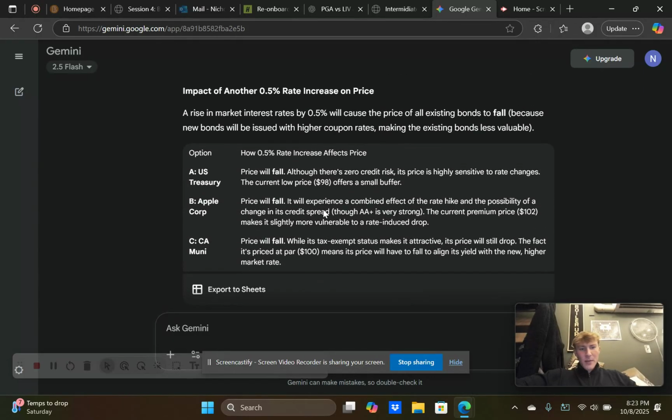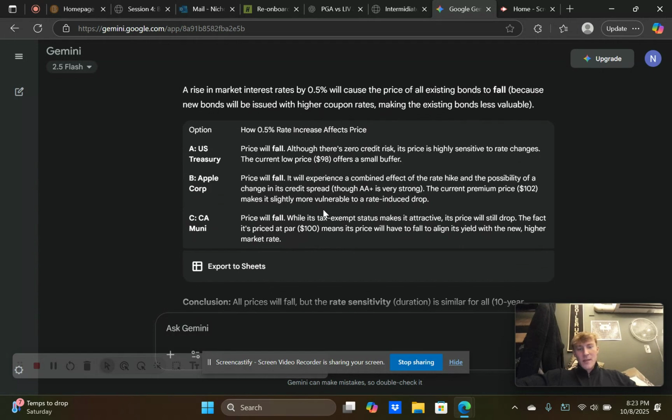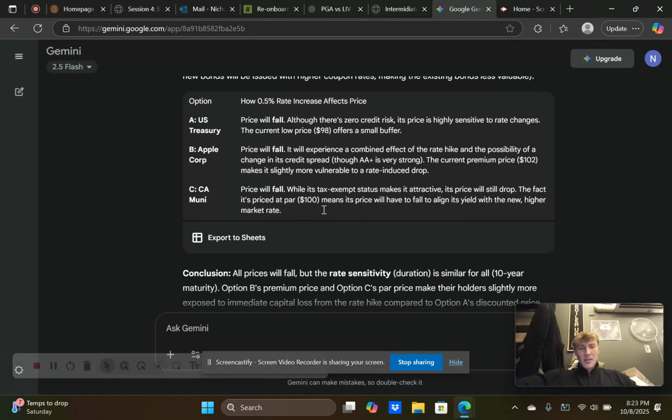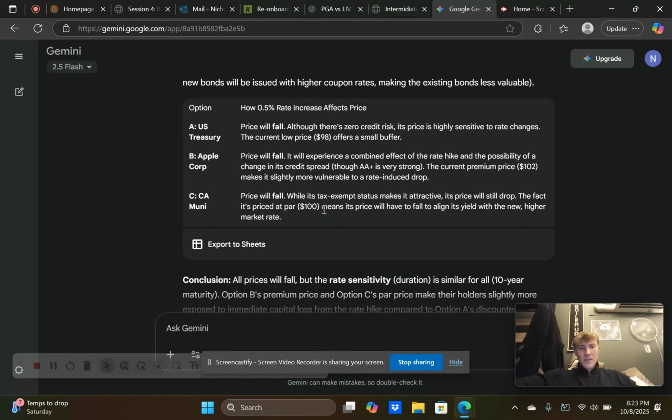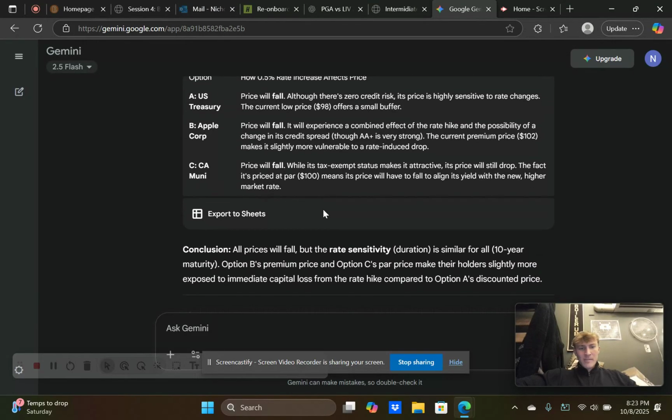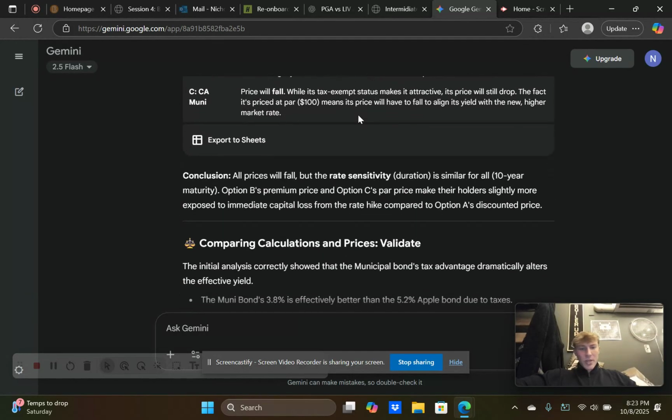And so a rise in the market interest rates by 0.5% will honestly cause the price of all existing bonds to decrease, and the new bonds will be issued with higher coupon rates. So the price will fall for all three with this change.